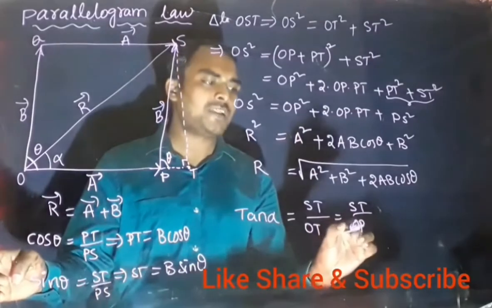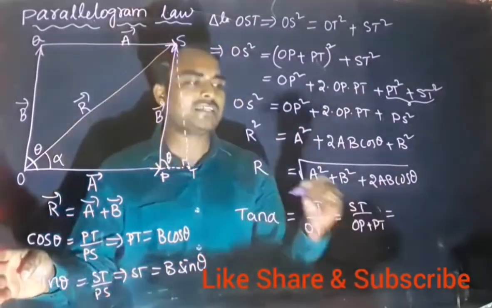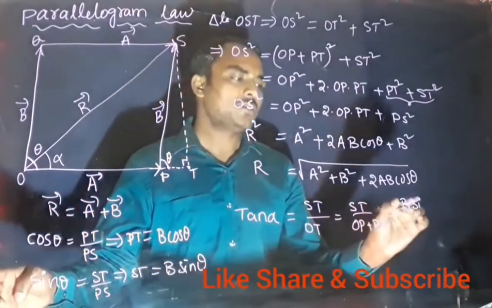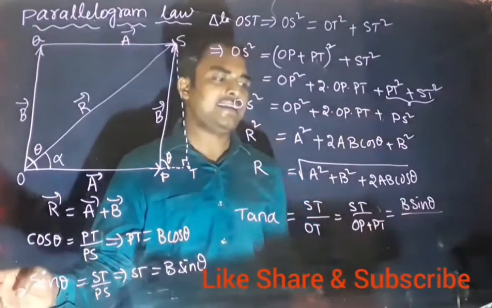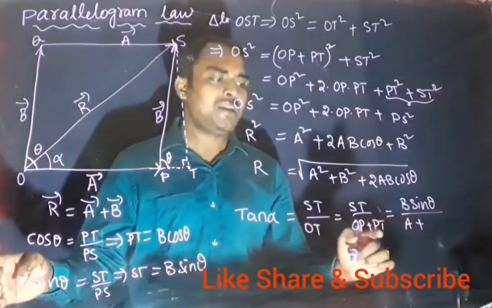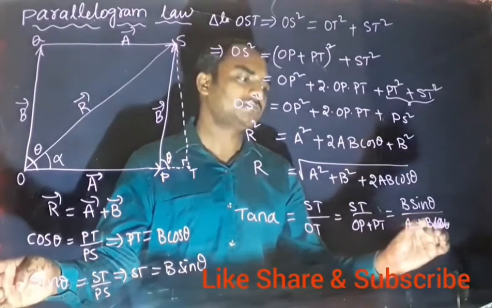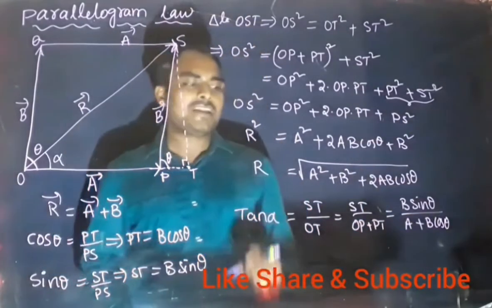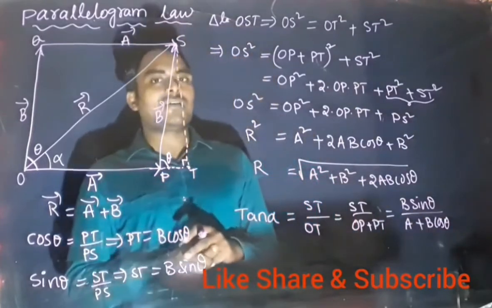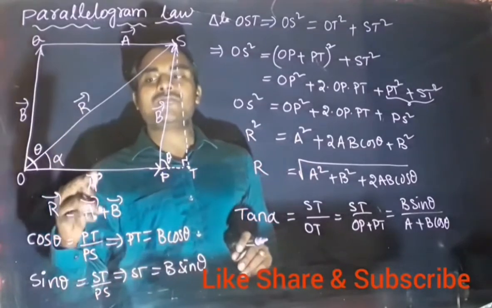ST can be written as B sin theta, divided by OP, which is A, plus PT, which is B cos theta. So tan alpha equals B sin theta divided by A plus B cos theta. This is the formula for alpha, the angle made by the resultant vector with A bar.